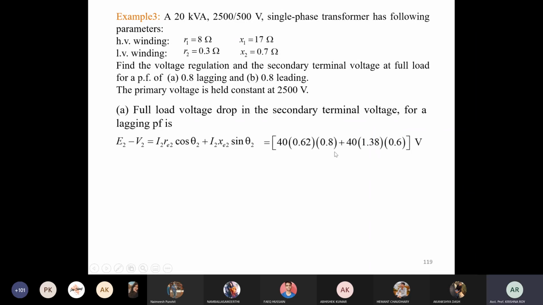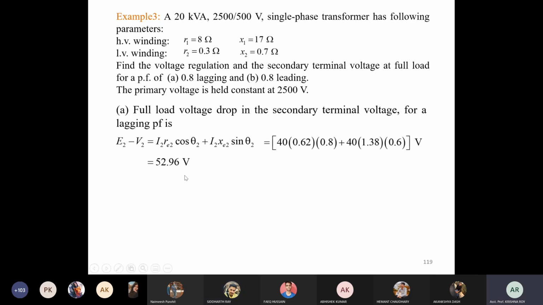So put all the values and calculate. So 52.96 volts. So that is the voltage drop.